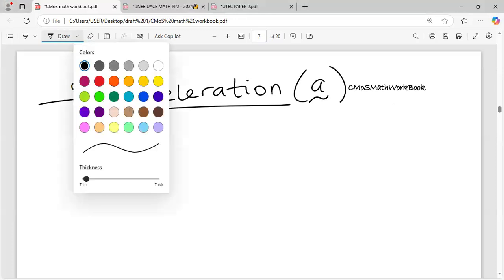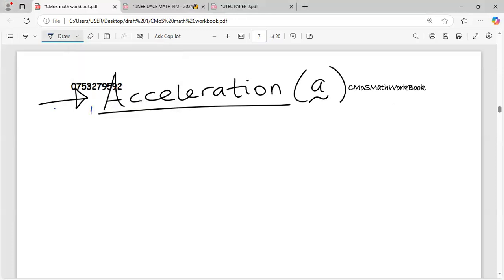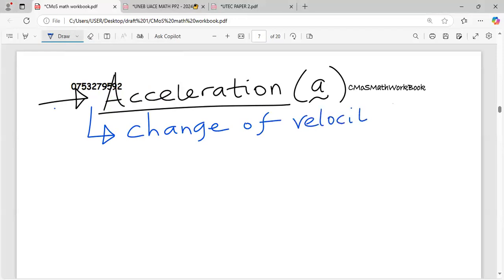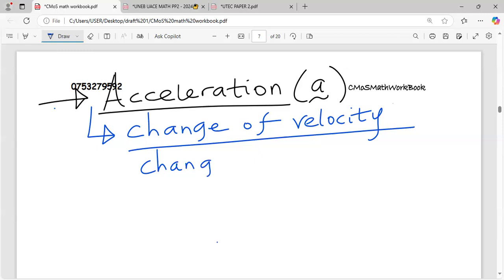So we are saying this one is the rate of change of velocity. For me, I call it the change of velocity with respect to time, over the change in time.